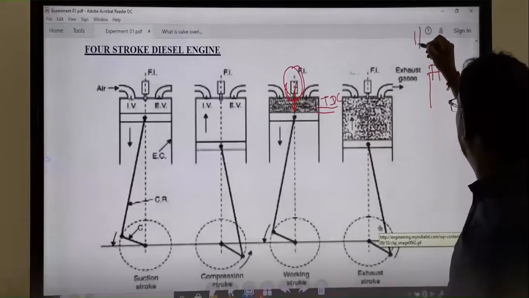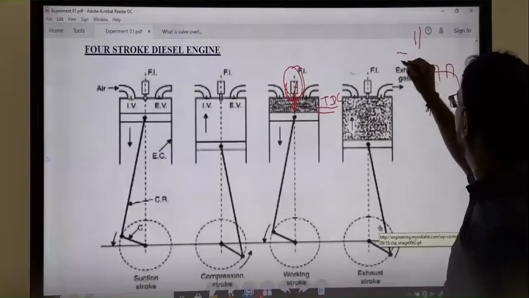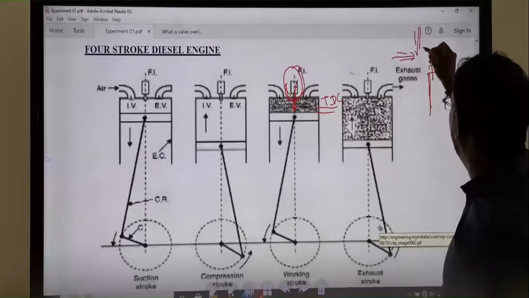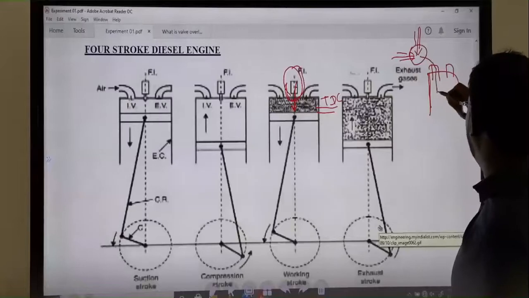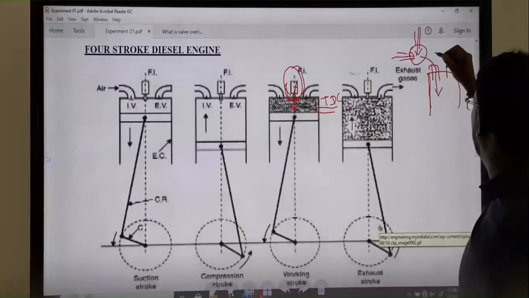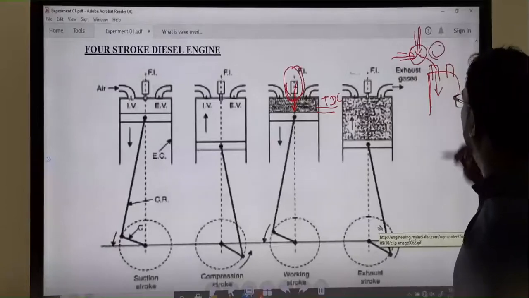The difference is in the petrol engine, before this compression chamber, the air and the fuel mix together and come to this engine like an air fuel mixture.